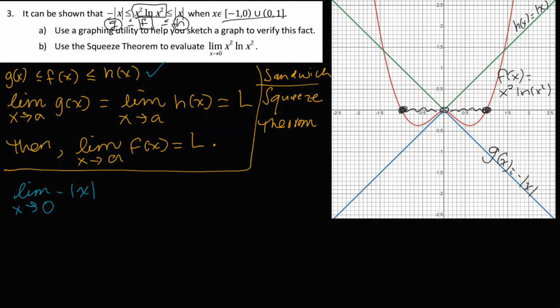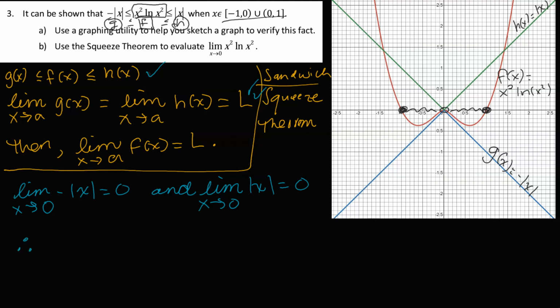That would be the blue, and as you can see, when x goes to 0, the function is approaching 0. And also the limit as x goes to 0 of absolute value of x, which is the green, as x is approaching 0, the green function is approaching 0 as well. So condition number 2 is met.